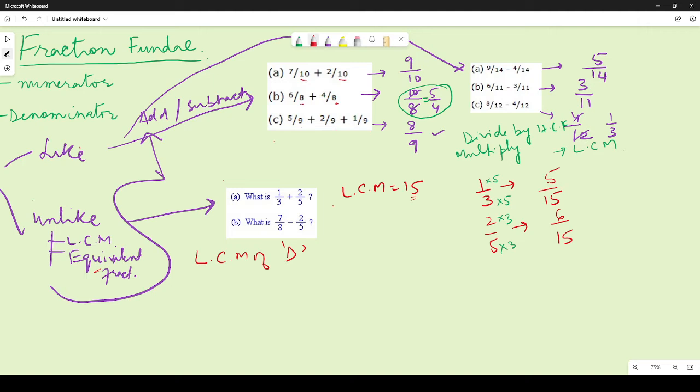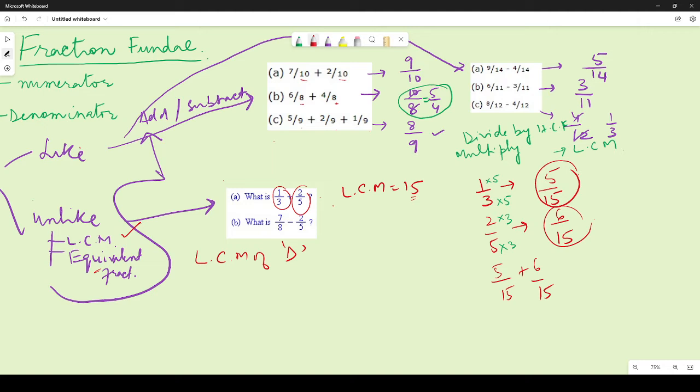So now you simply add up 5 by 15 plus 6 by 15, because instead of 1 by 3 we are writing 5 by 15, and instead of 2 by 5 we are writing 6 by 15. We have converted them into equivalent fractions with the same denominator so that they become like fractions.